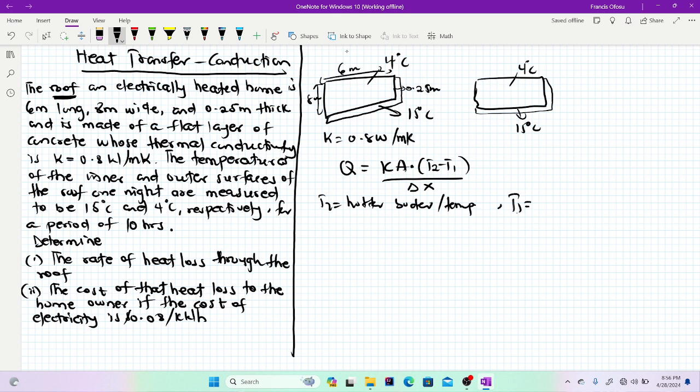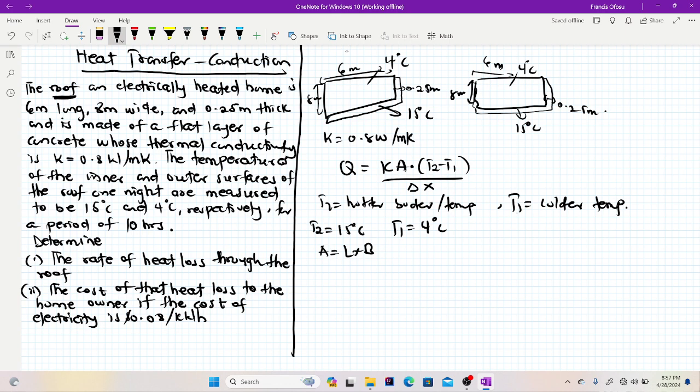Our T1 here is our colder temperature. From this diagram, our T2 becomes 15 degrees Celsius, and our T1 is 4 degrees Celsius. Our thickness is 0.25 meters, our length is 6 meters, and our width is 8 meters.